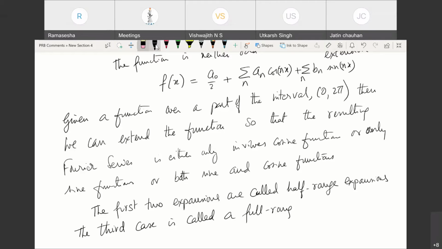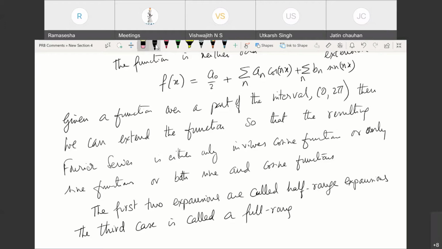I'm just telling you that when you expand functions, it's not necessary that the function be defined from minus L to L. Maybe it is only defined over part of the interval. If you want only a cosine series, you can extend the function as an even function.